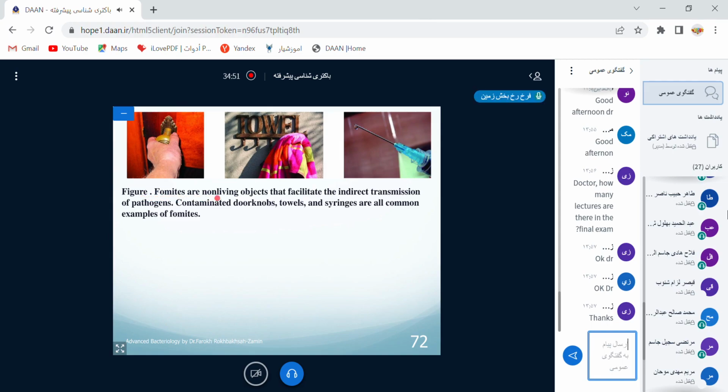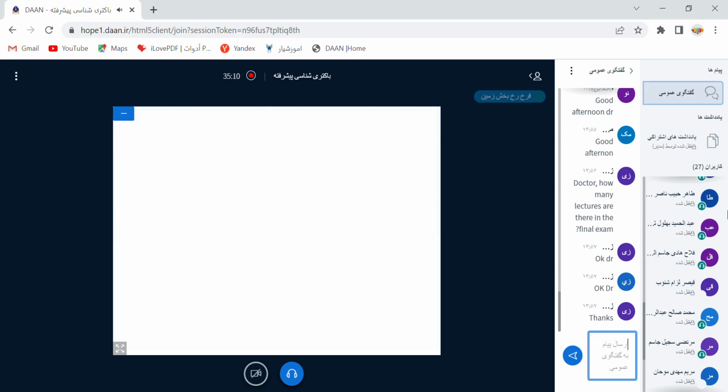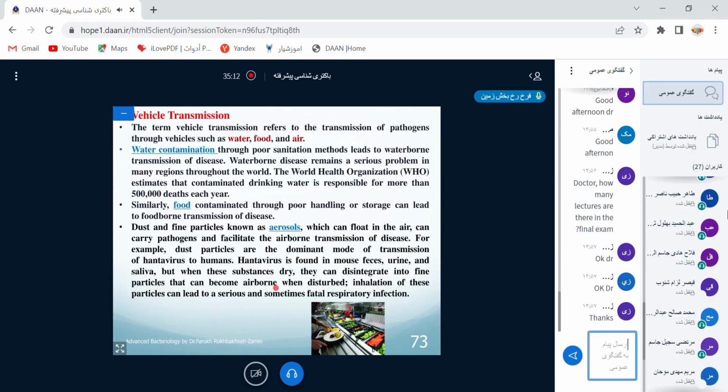Here in this figure, we can see fomites are inanimate objects that facilitate the indirect transmission of pathogens. Contaminated doorknobs, towels, and syringes are common examples of fomites.